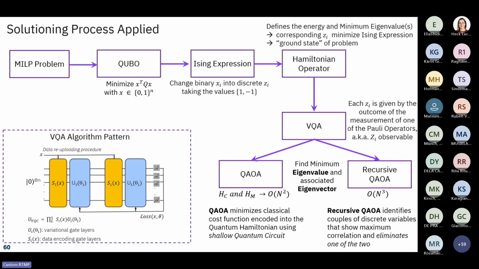I am now addressing research that has been done by a team, and they have been using recursive QAOA, meaning they have improved this algorithm by eliminating qubits that are correlated to each other to reduce the size of the problem and improve the efficiency of the calculation.